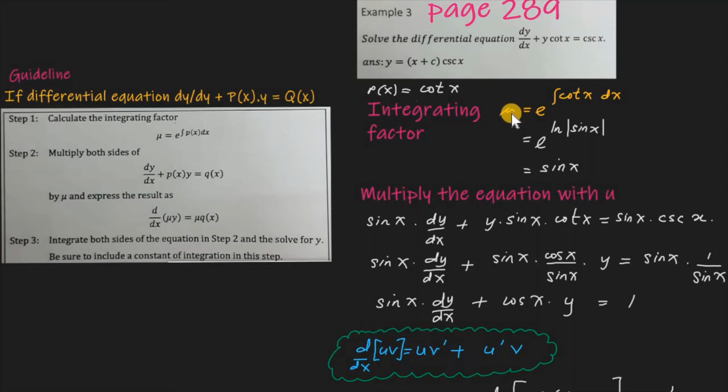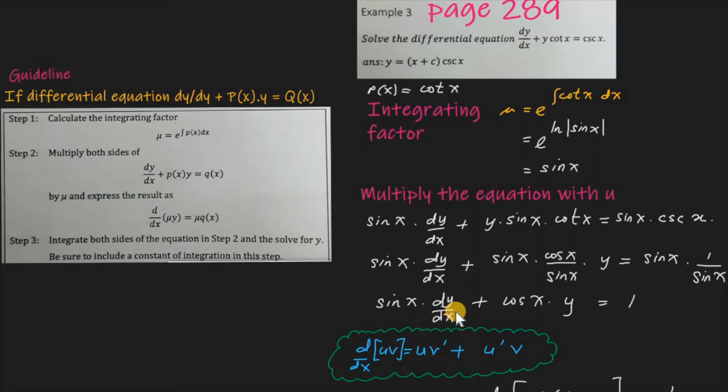Then, step number 2, multiply all sides, all terms, with this mu. So we multiply sine x into this equation, right? We multiply sine x with dy dx, multiply y with sine x cotangent x, and sine x on the right side as well.